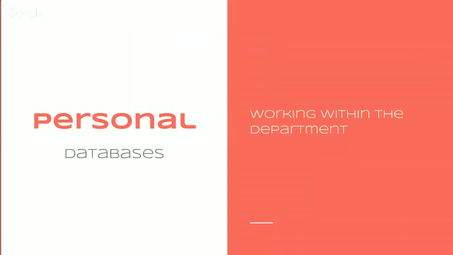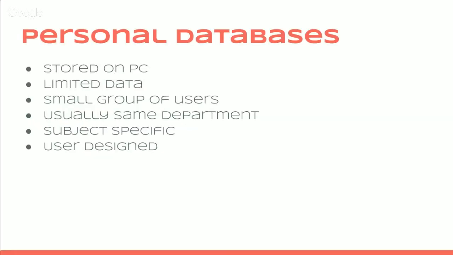And then finally there are personal databases, which work within the department. Generally these are for a smaller number of users. They're stored on one PC, so they don't have to hold a lot of storage space. There's limited data, so it's not big operational kind of things. It's a small group of users, which is why I said they work in the same department.